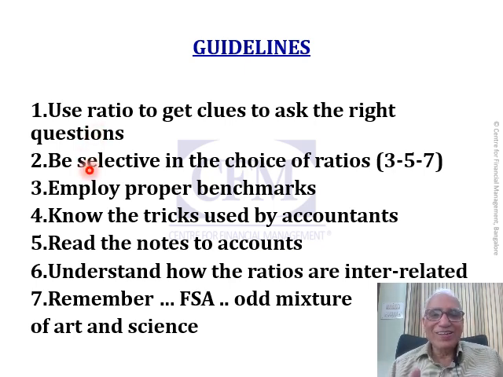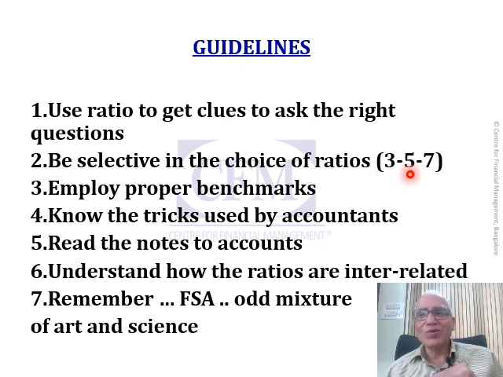To be selective in the choice of ratios, I have a simple rule of thumb which I call 357. When I have to do a quick and dirty financial analysis of a firm, I look at 3 numbers or ratios: return on equity, sales growth rate, and price earnings multiple. If I had to expand my analysis slightly, I add 2 more ratios: return on invested capital and debt equity ratio.